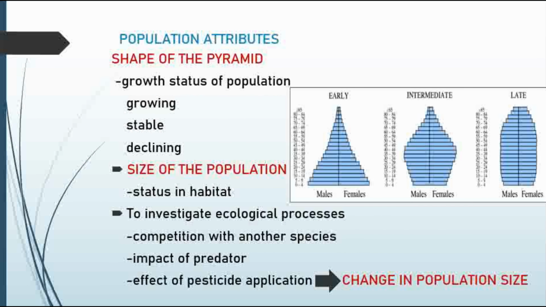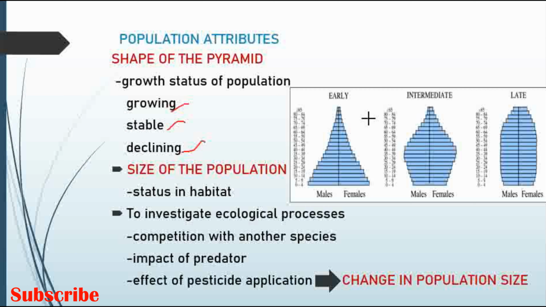Next, the shape of the pyramid gives us the growth status of a population. So what is going to happen to this population? Either it will grow, or it is going to be stable, or it is going to decline. So that knowledge you will get if you see the shape of the pyramid.